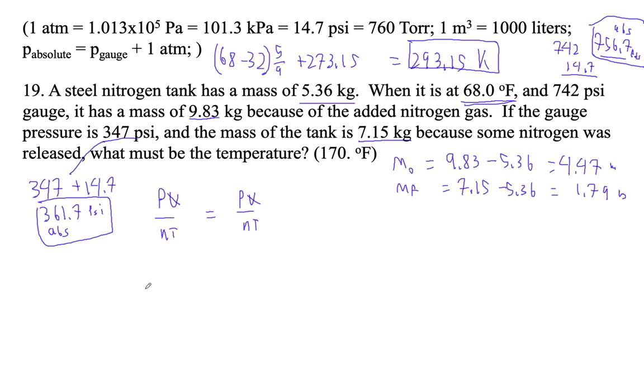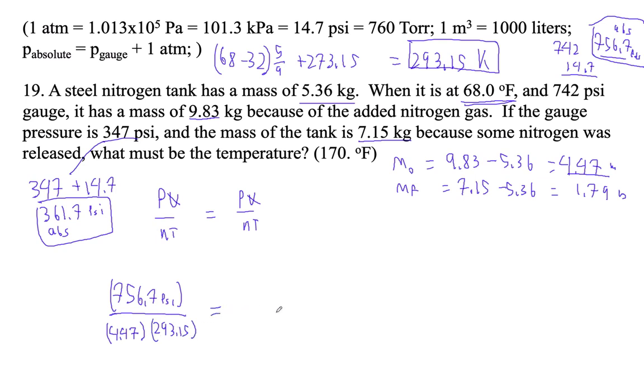So the initial pressure is 742, which we figured out was 756.7 psi absolute, divided by the initial amount of nitrogen, 4.47. Now I know that's not the same as moles, but wouldn't I just turn it into grams and divide by roughly 28 in this case? And I do that on both sides, so I don't actually have to get moles. And then the original temperature is 293.15.